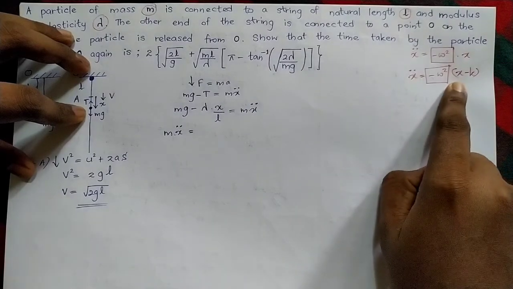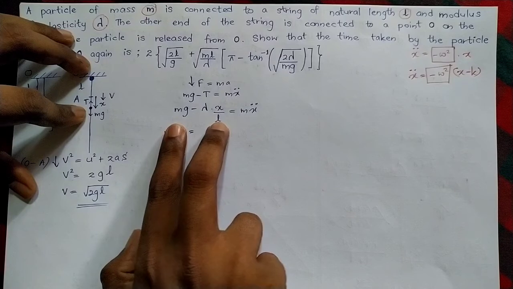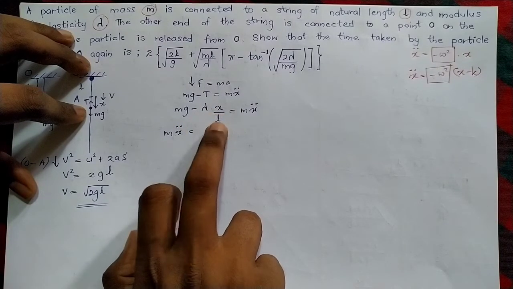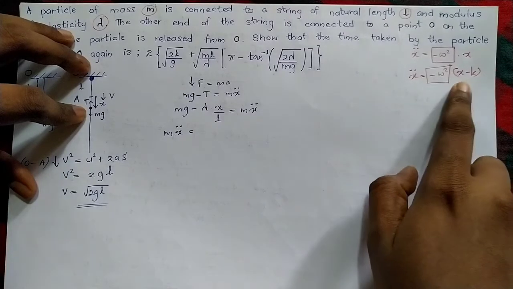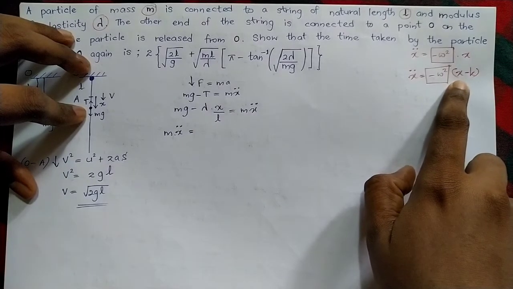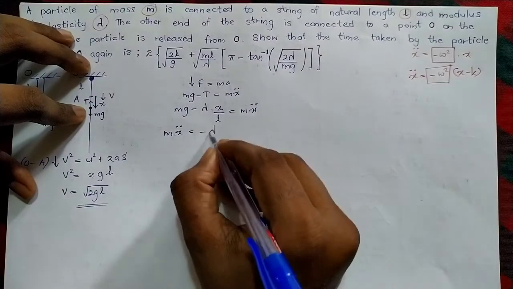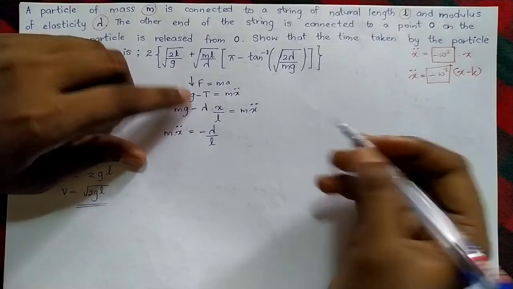So as the first step we must have x. So when I am going to take the common factor out from these two, I have to consider this term with x as my first step. Then only I can have x in this location. Then minus lambda over L has to be taken out.